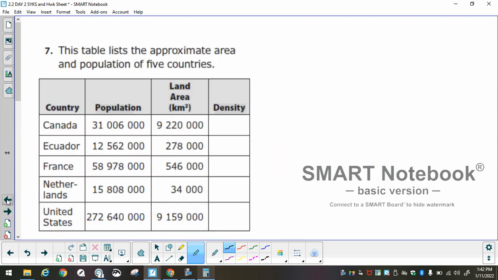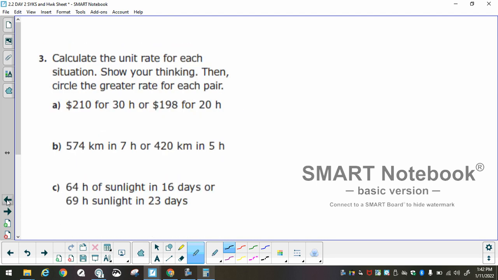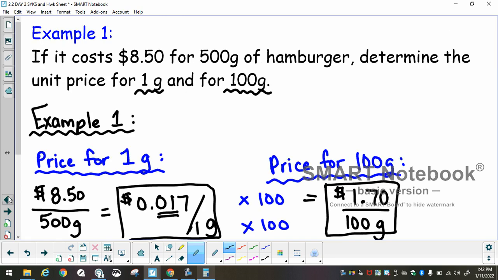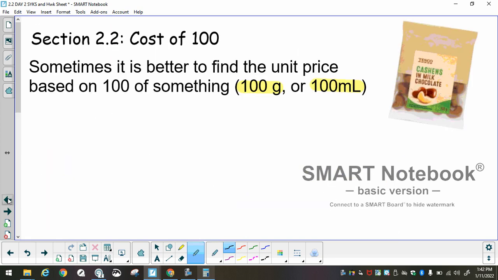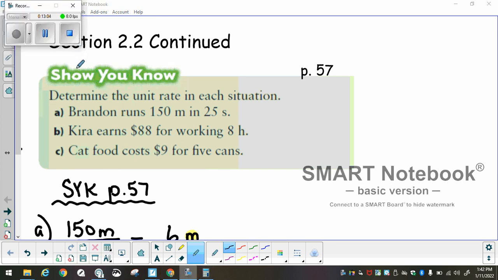Yes, so you'll complete numbers 1 to 7 today. That's your task. Okay, the answer key follows it, so it's at the end of these slides. So please complete the work and then just check your answers. Okay, as always, any questions, please email me and we'll be in touch.